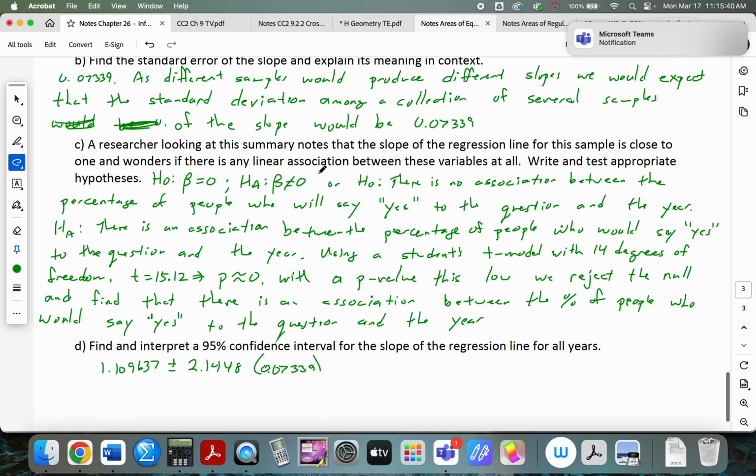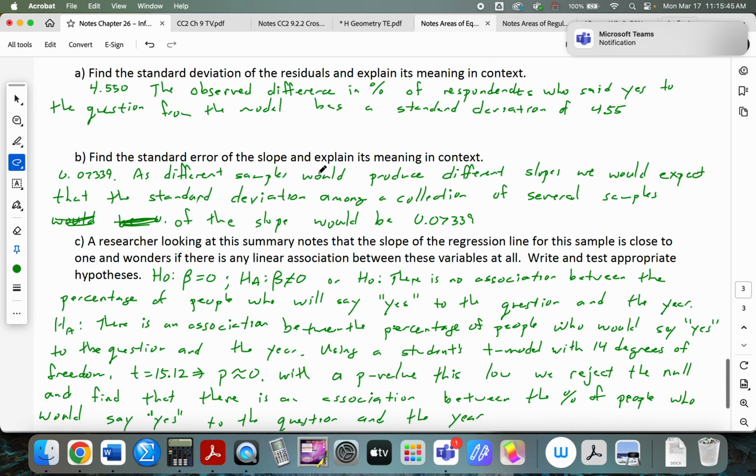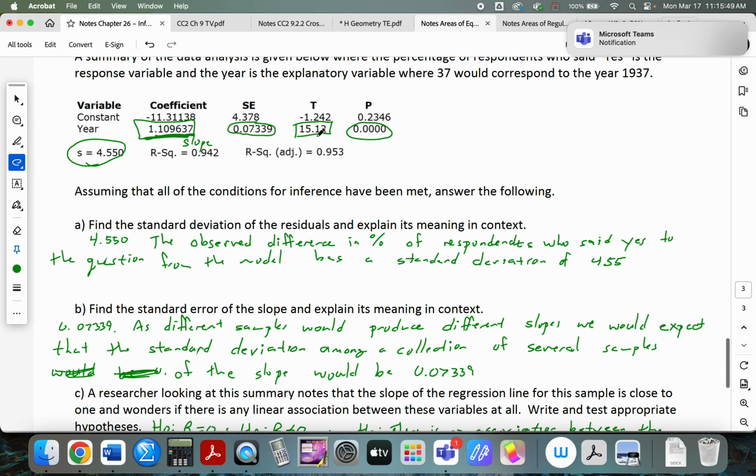When t is this, my p-value is basically 0. So if I'm using a student's t model with 14 degrees of freedom, and the t that I get out of it is 15.12, I'm going to get a really, really small p-value. Okay, that makes sense.